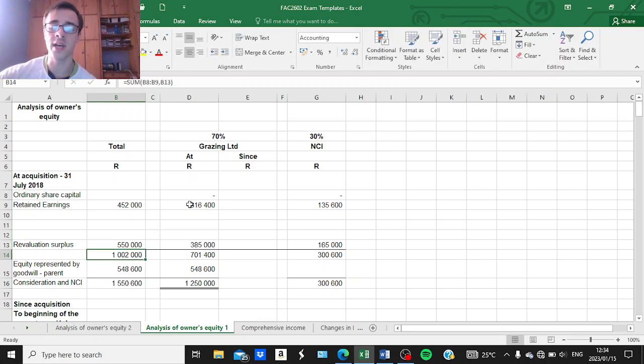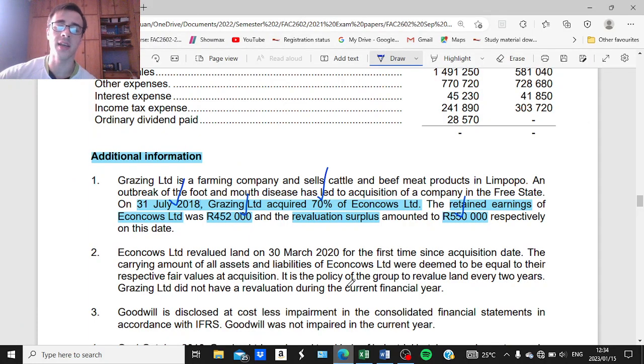You will notice that they do not provide the balance for share capital or ordinary share capital for Consolidated Limited at the date of acquisition.